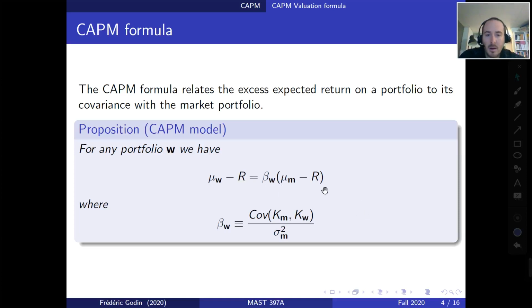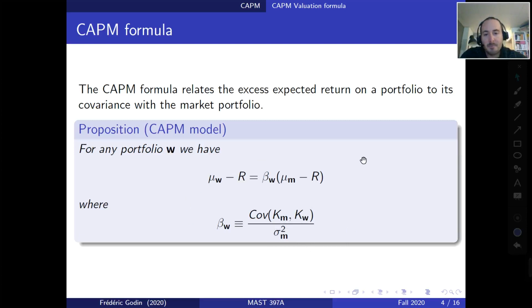Here beta, we're going to see, is given by the covariance between the return of the market portfolio and the return of portfolio W, divided by the variance of the return on the market portfolio. So this relationship here is the CAPM model.